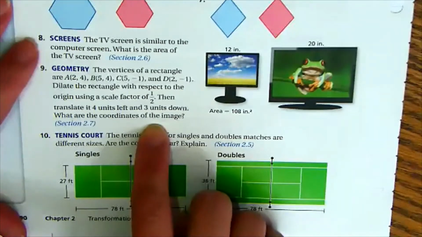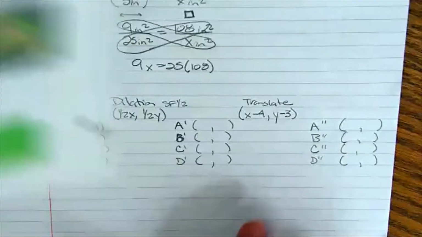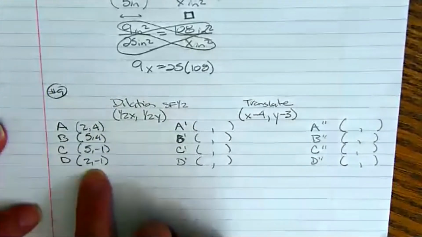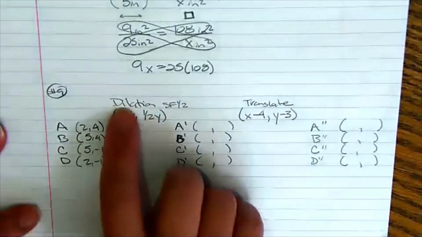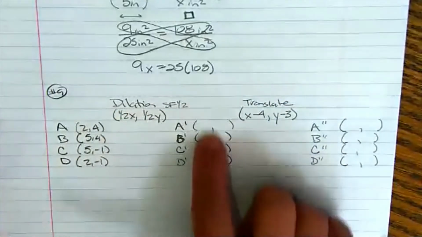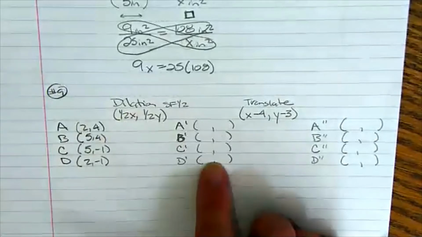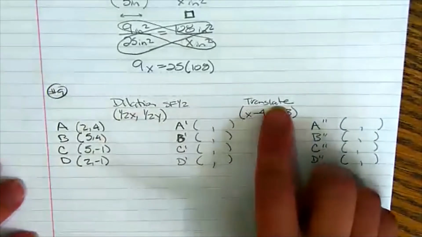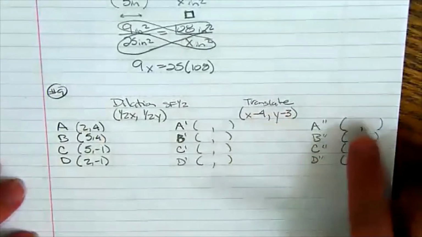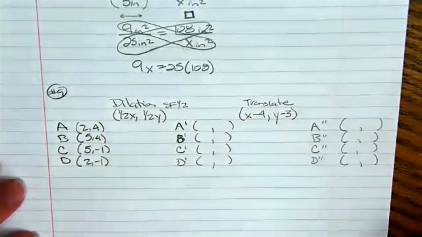What are the coordinates of the image? So that's exactly what we've set up here. Here's our original coordinates. Our first transformation is a dilation with a scale factor of 1/2. That's going to give us this set of coordinates. Then we're going to translate 4 units to the left and 3 units down, which will then give us our final set of coordinates.